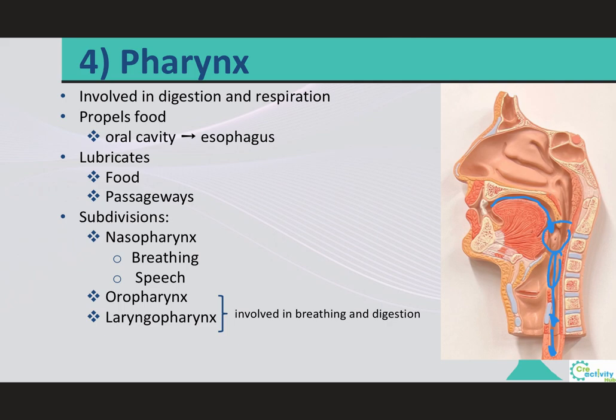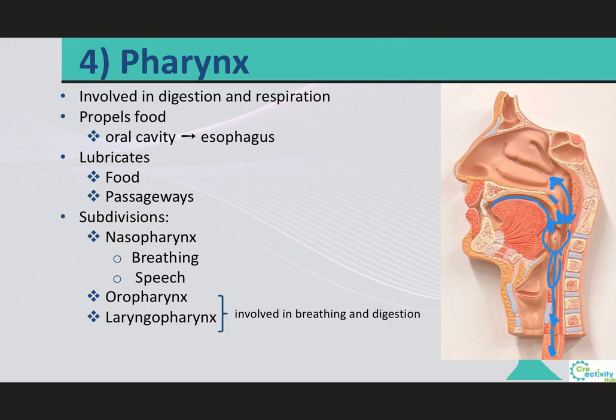Usually during this swallowing process, the soft palate and the uvula will rise reflexively to close off the entrance to the nasopharynx, and this prevents the food from entering the nasal cavity.